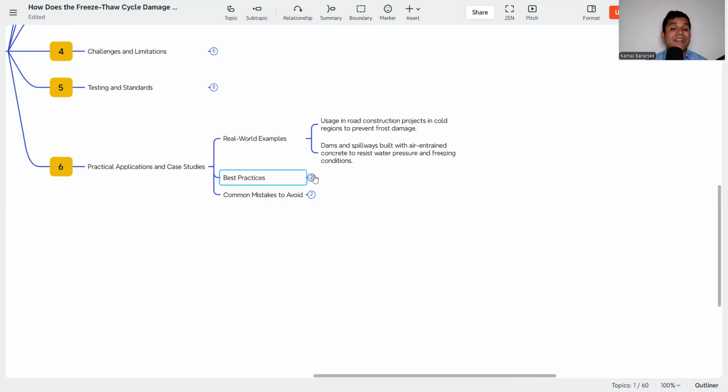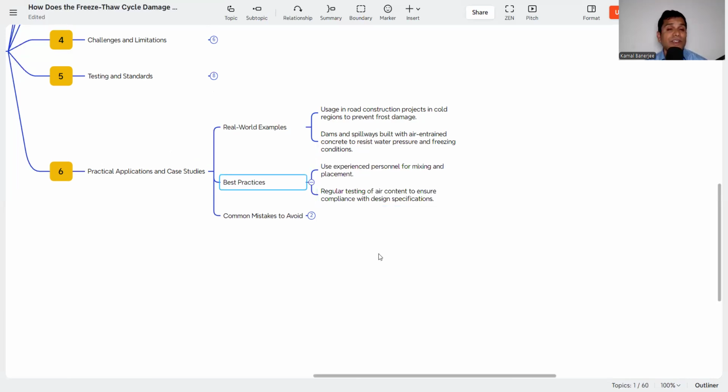Then what are the best practices for air entrained concrete for the Freeze-Thaw cycle? Use experienced personnel. That is why training and competency are very important. You need to communicate what you want to deliver to each and everyone in your project. Then regular testing is very important, because without testing we cannot assess what the concrete condition is and what the air content compliance is. That is very important, along with regular maintenance.